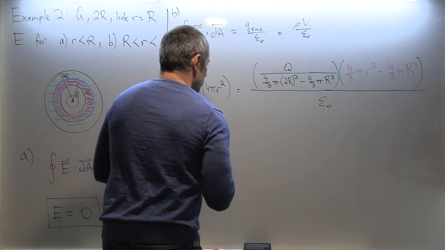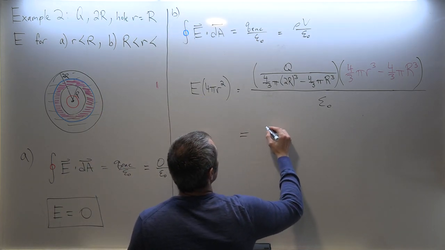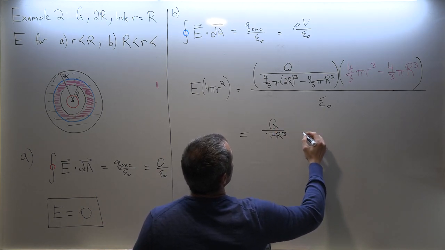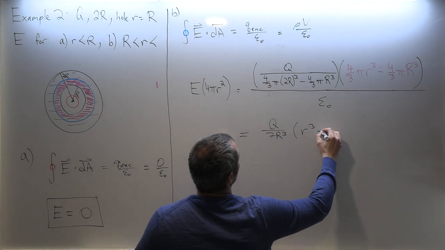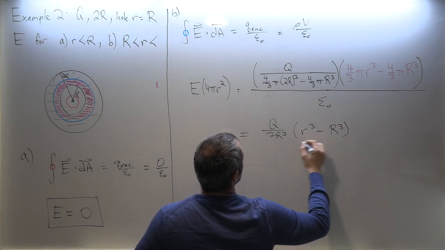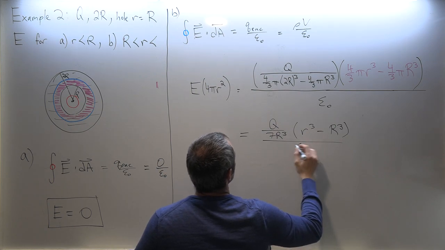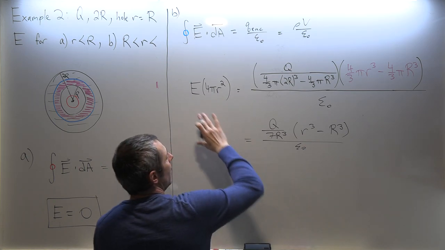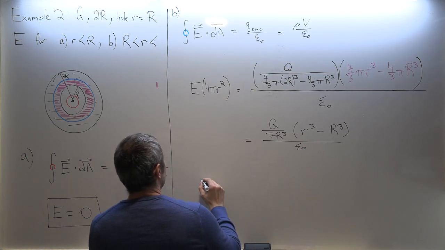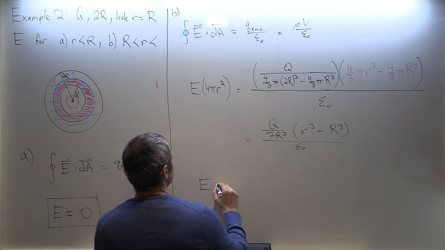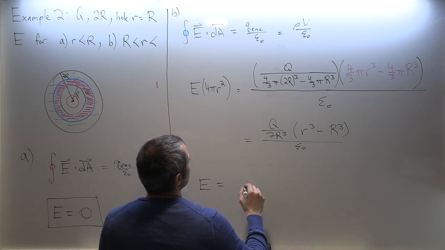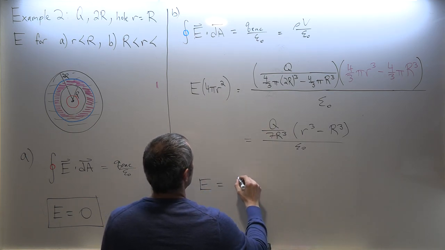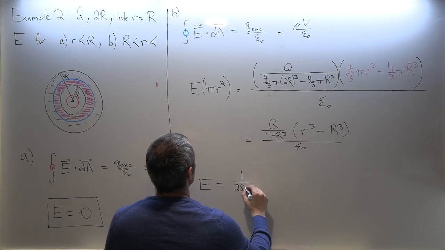Okay, so moving on here, q over 7r cubed times r cubed minus r cubed, all over epsilon 0 equals that. Now I divide by 4 pi r squared, and I'll get the final formula here. So the 4 pi epsilon 0 and the 7 give me 1 over 28 pi epsilon 0.